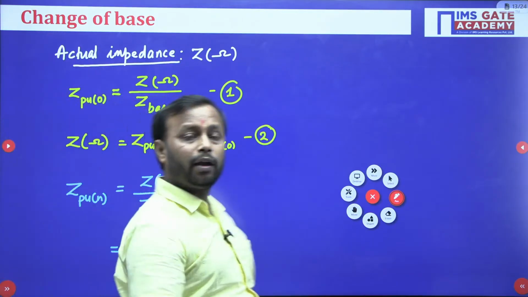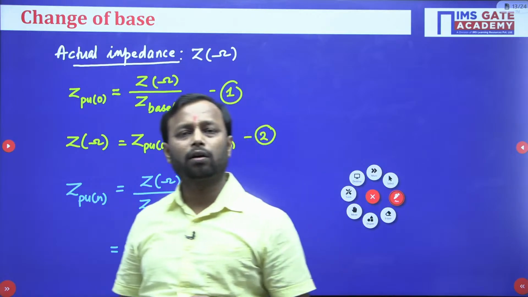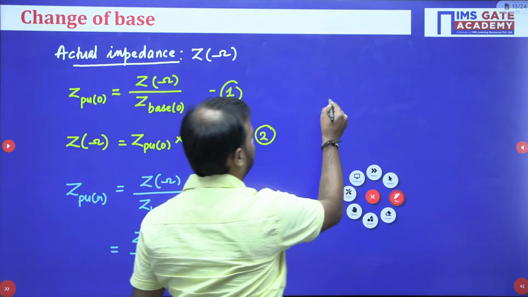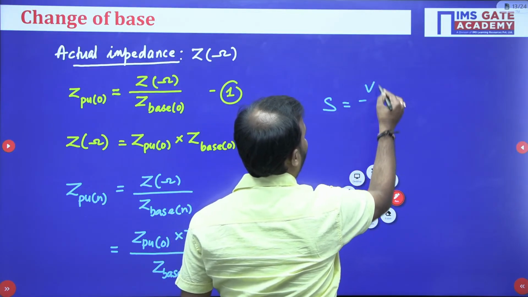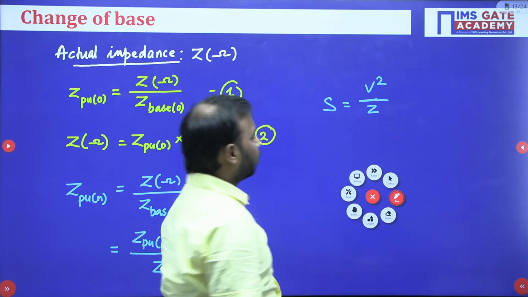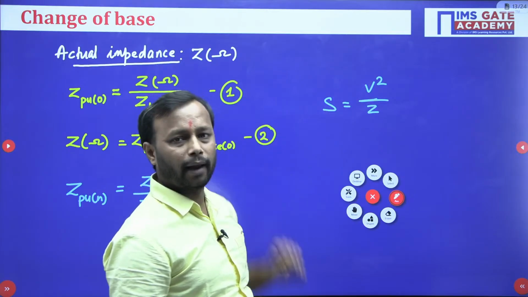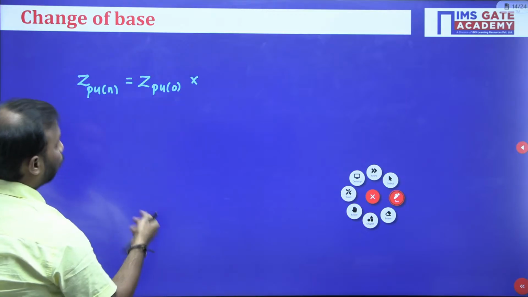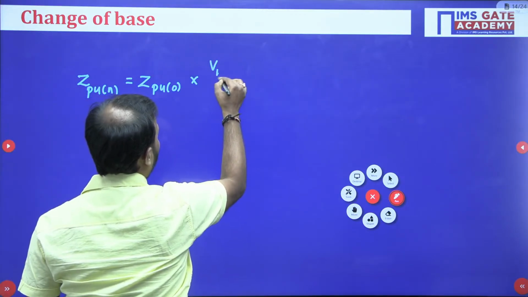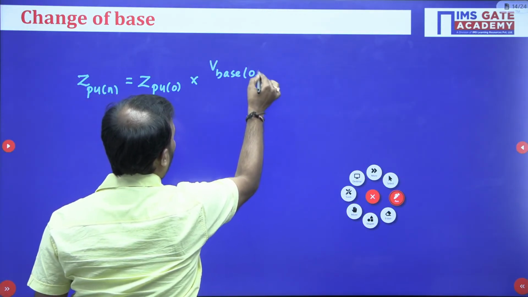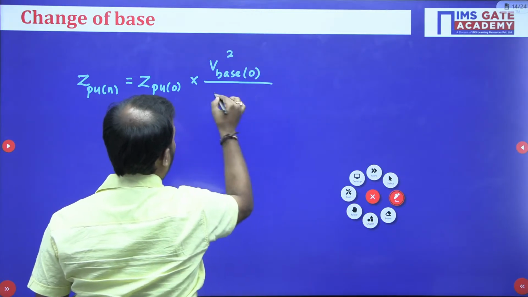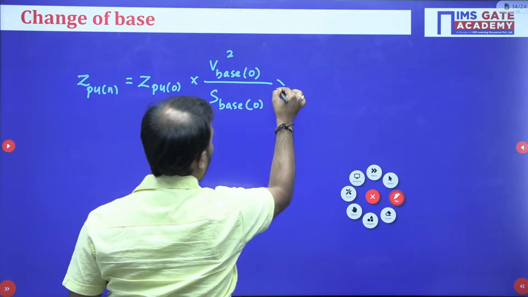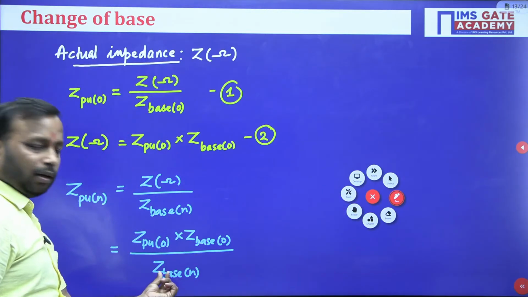So we know Z is what? V square divided by S, since power is V square divided by impedance. So impedance will be V square by S. So look what happens here: Z base old means V base old whole square divided by S base old, divided by Z base new.